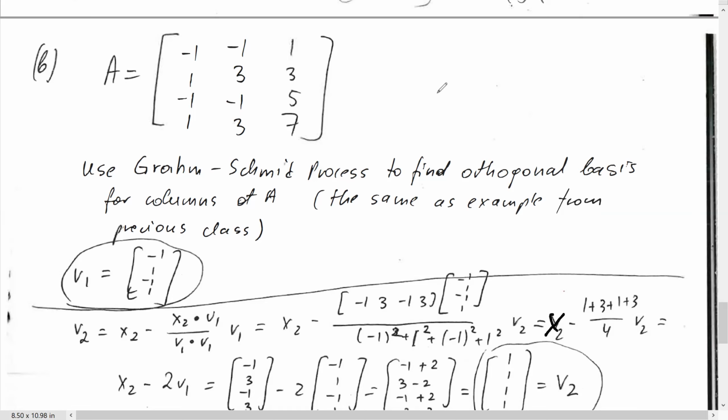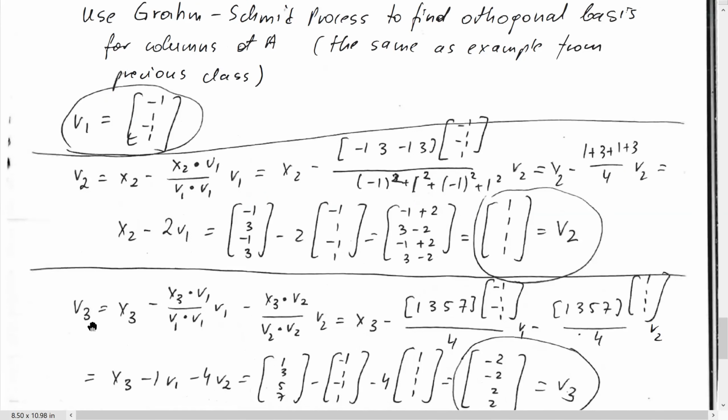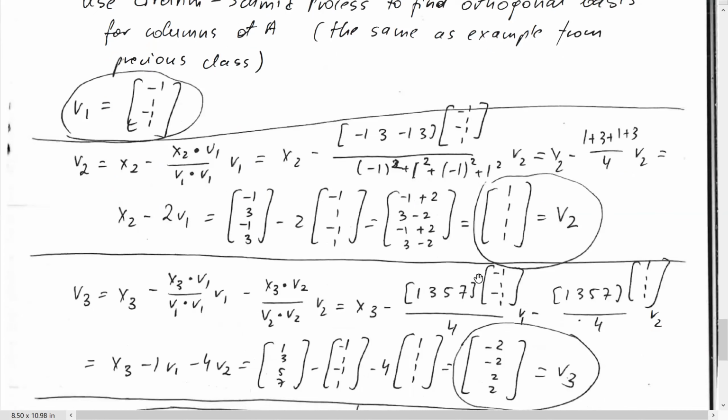Now I need to find the third vector. The third vector is X3 minus the projection of the third vector on V1, and the third vector on V2, and plug it into the formula, perform the calculation. First, I'm calculating the scalars. If I didn't mess up calculations, I have -1.